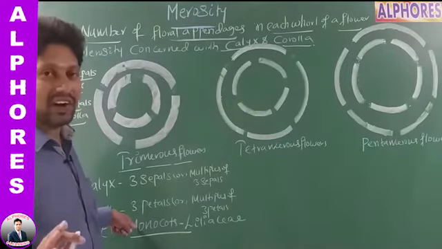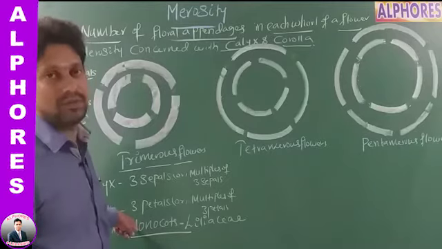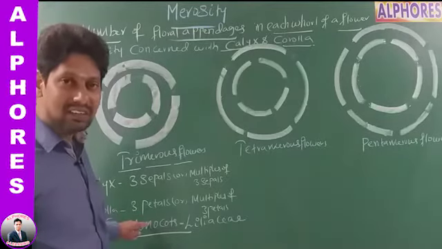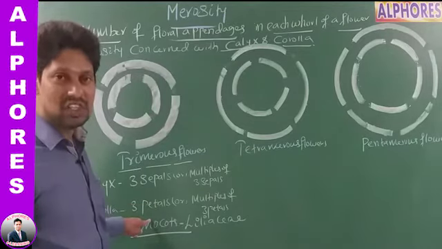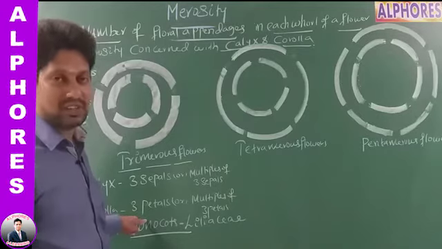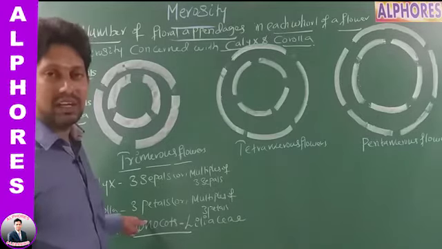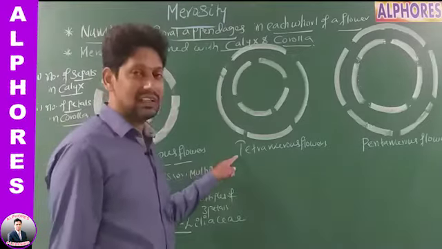So this undifferentiated calyx and corolla together called as what? Perianth. In monocots, we cannot differentiate calyx and corolla. Okay, that undifferentiated calyx and corolla together called as perianth. What together called as, sir? Perianth. Okay, right. Now go for tetramerous flowers.